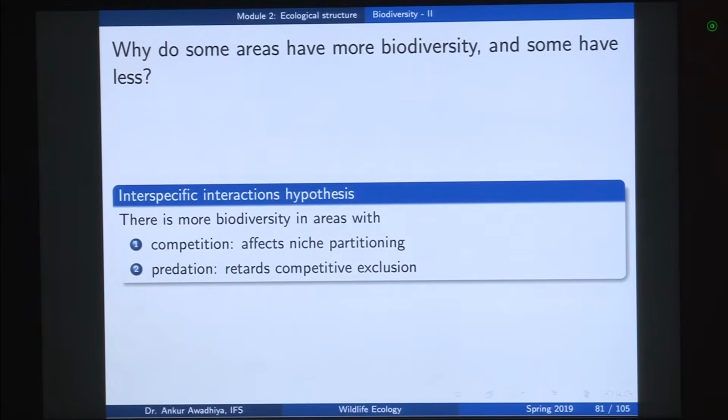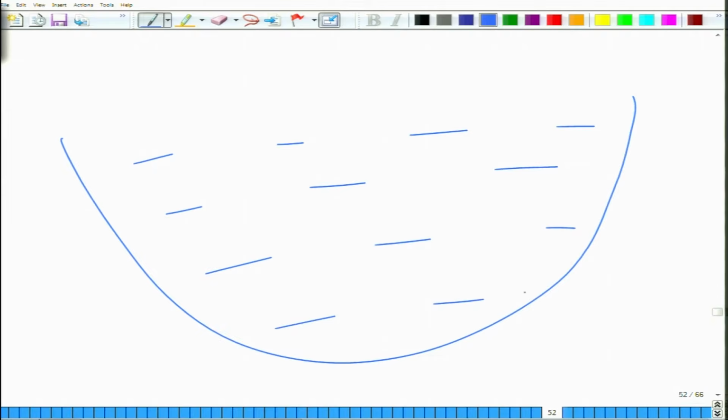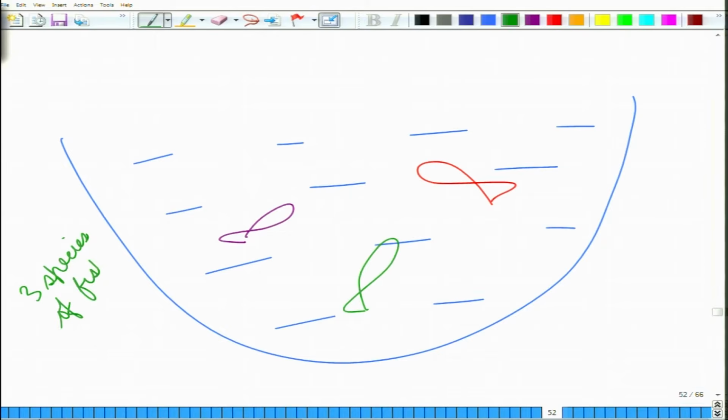Now, suppose you have a pond, and in this pond you have, say, 3 species of fishes. So, you have this purple fish, you have red fishes, and you have green fishes. So, we have these 3 species of fish.